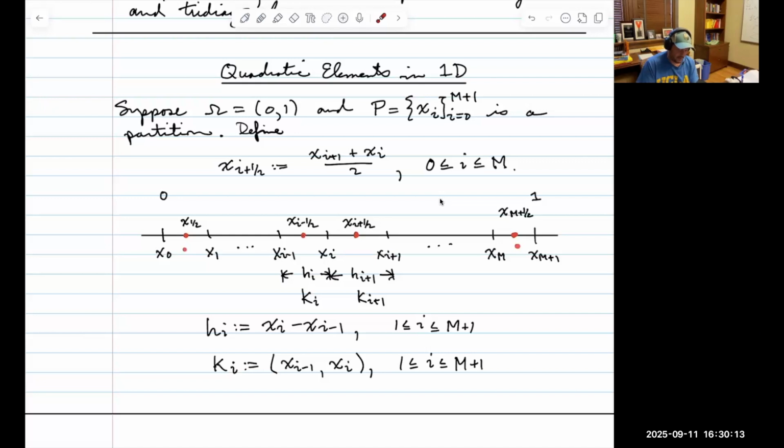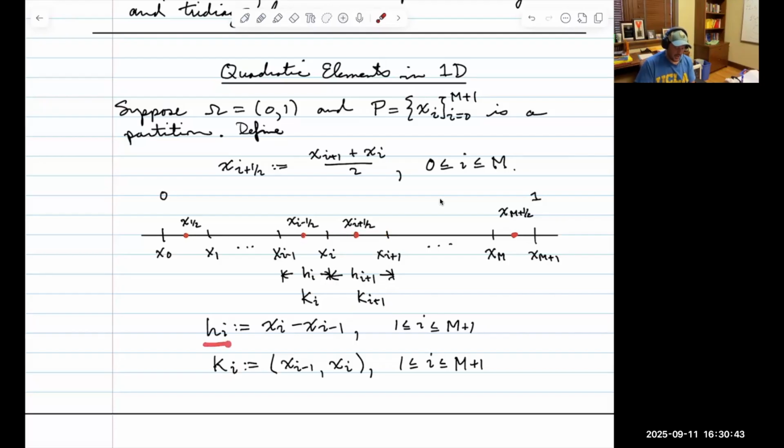So there's the first one, and there's the last one in my collection of midpoints. Now, these are perfectly in the center of their respective quote-unquote triangles or intervals. So this one's right in the dead center of ki, and this one here is right in the dead center of k_{i+1}. So that's the full k_{i+1} interval.